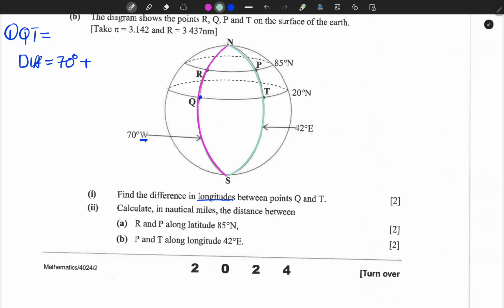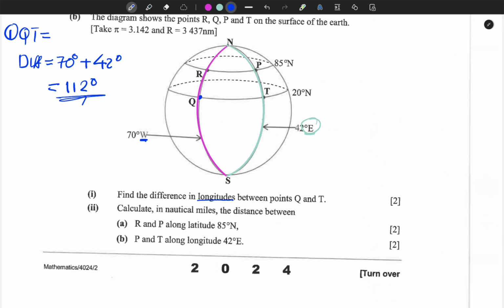Since this one is located 42 degrees east, then we are supposed to add, so it's 70 plus 42. I'm getting 112 degrees. We are done with the first question.